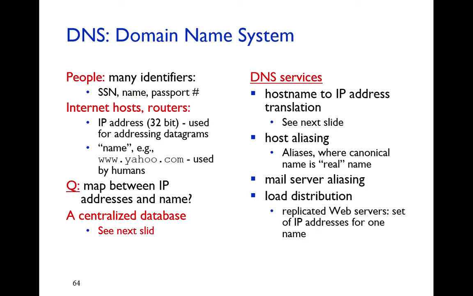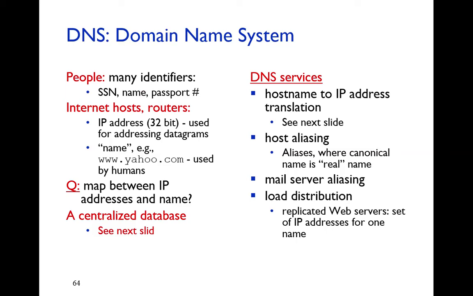For this purpose, there is the working of DNS, the domain name system. As you know, people have many identifiers. For example, SSN, social security number, name, passport number. In Pakistan, we have a passport number, a name, a CNIC number, and a registration number in university.